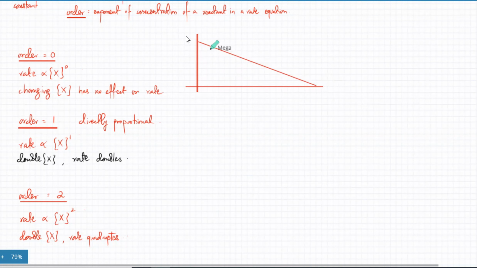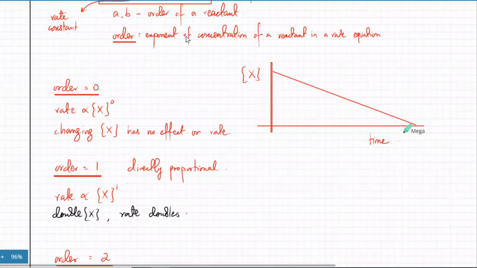So the concentration of X with respect to time. Remember we just made these graphs. Now what's happening to the rate? I told you that the gradient is the rate. And in this case, it's constant.